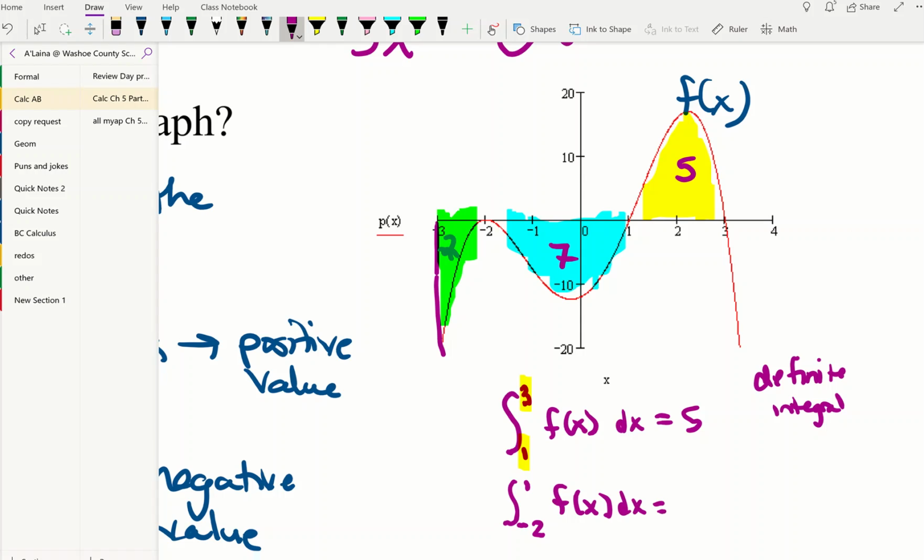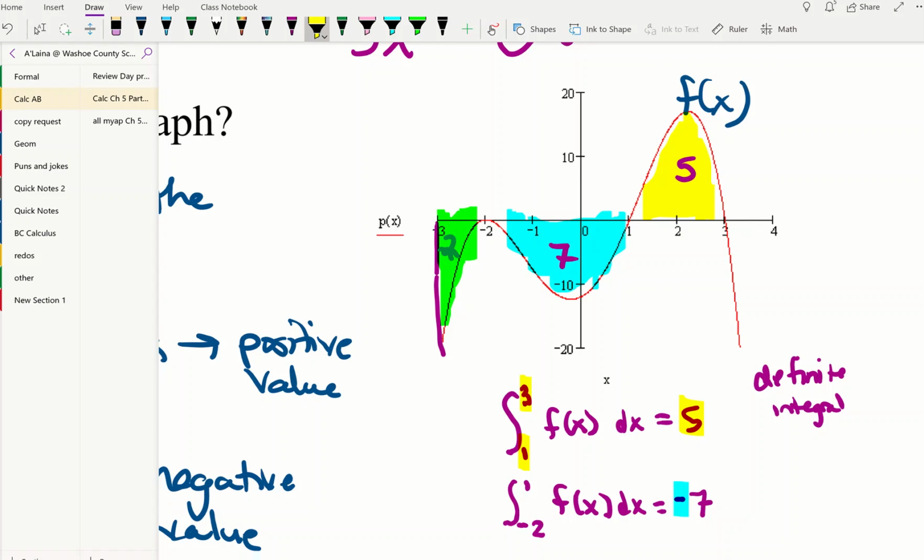From -2 to 1, that's my blue region. Now this says 7, but what I'm going to write is -7. The reason I'm writing a negative is because we are below the x-axis. I kept the 5 positive because that area is above the x-axis. So that sign is telling us where it is, above or below.